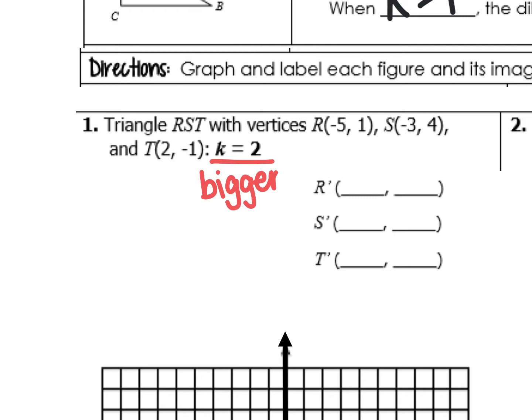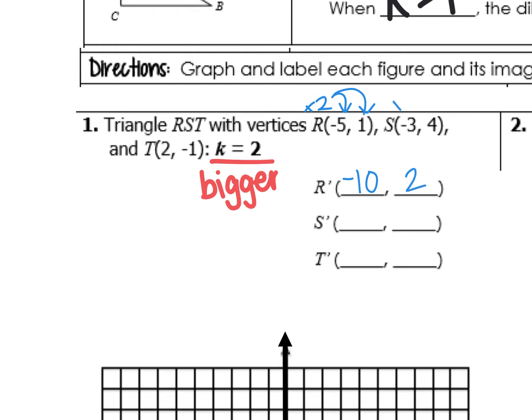So to get all of the new points for our triangle that's twice as big, all you have to do is multiply the x-coordinate and the y-coordinate by 2. So to find R prime, I'm going to take the x for R and the y for R and multiply it by 2. So 2 times -5 gets me -10, and then 2 times 1 is 2.